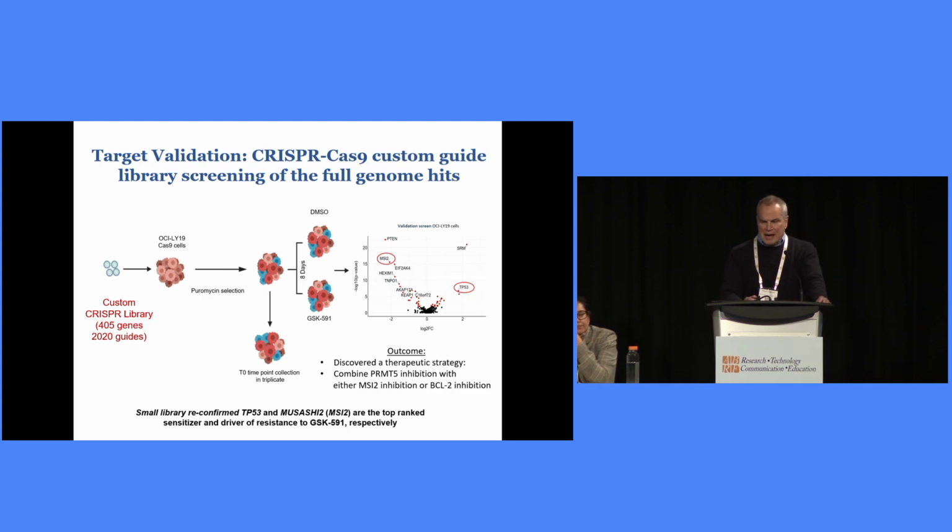So what did that mean? It meant that we discovered a therapeutic strategy that should be implemented along with PRMT5 inhibition: bring in either Musashi inhibition or BCL2 inhibition to block the most likely avenues of escape by the cells that are being treated.